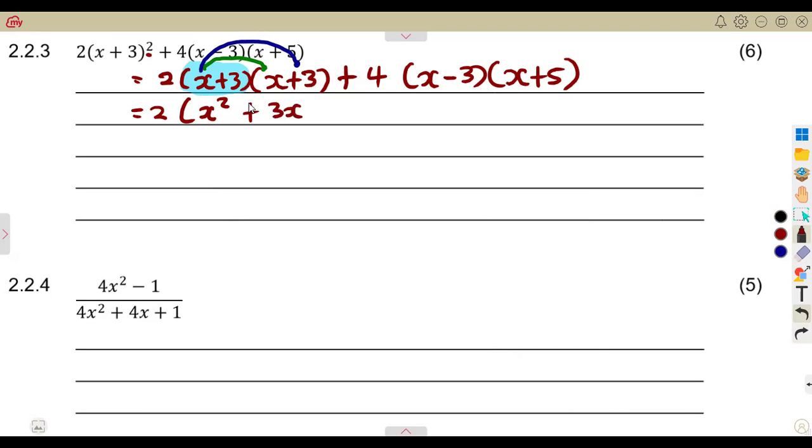You are done with x. You move on to the next term, which is plus 3. So let's multiply 3 times x. That is 3x. You add. You move on. On the same 3, you multiply the last term, the outer part. So it's 3 times 3, which is 9. So we are done.